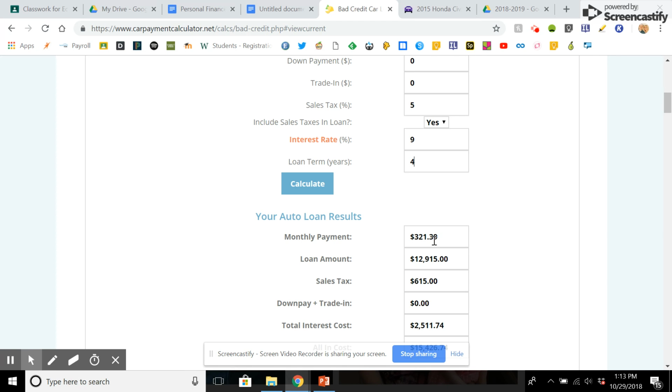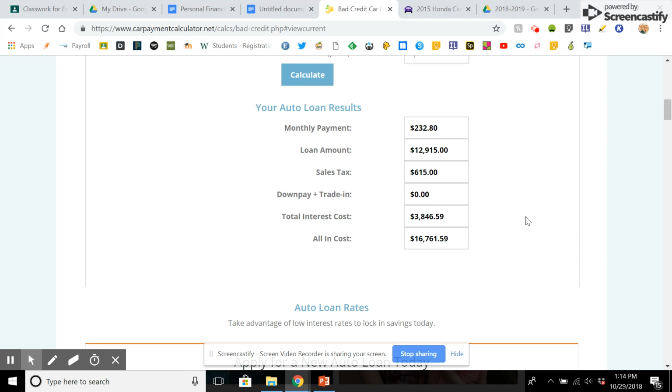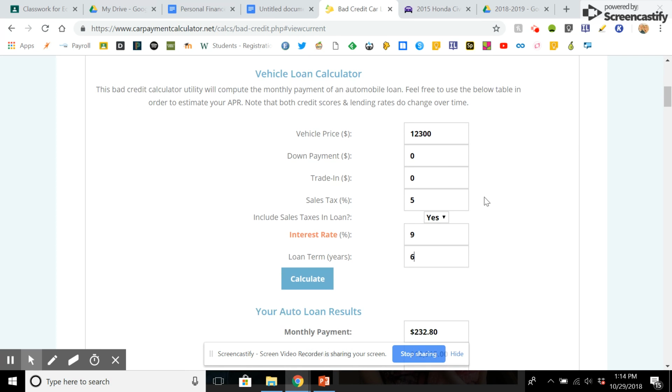Like, let's say my budget doesn't allow me to do that. I can change that loan term. Let's say that I do it by 6 years. Well, if I pay it out over 6 years, then all of a sudden my monthly payment amount is lower, $232. That's a little bit more manageable for me. I can handle that a little bit more in my budget.